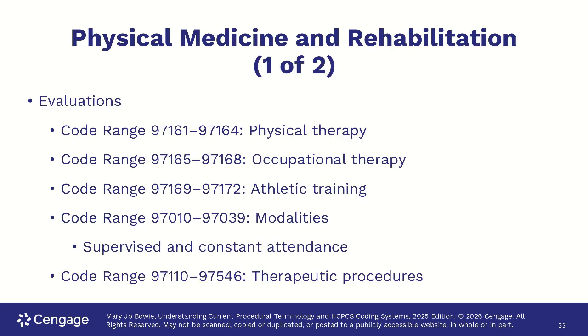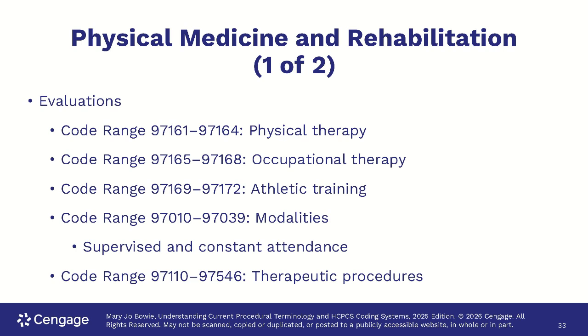Then we have physical medicine and rehab. So, physical therapy, occupational therapy, athletic training services. And what you'll see over here is that you'll have codes for the actual evaluation and then the code for the actual service. These codes follow a similar look and feel for physical, occupational, and athletic.